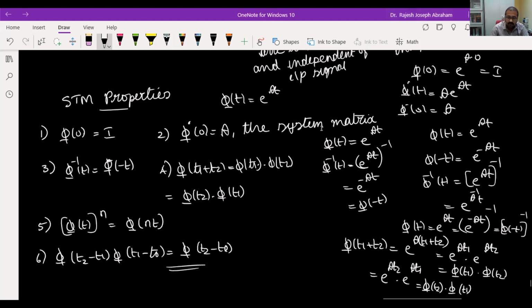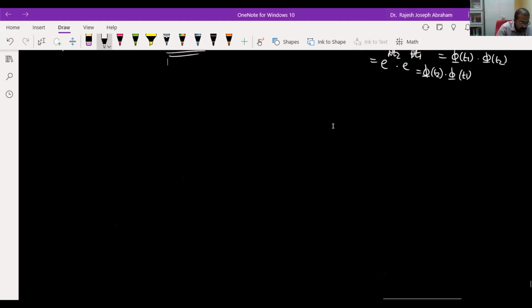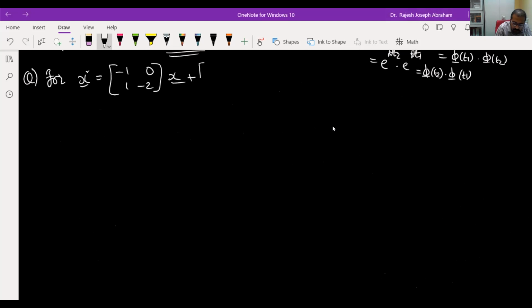Okay. Let's try one problem now. For x dot equal to [minus 1, 0; 1, minus 2] x plus [1; 0] r of t and y of t equals [1, 1] x.